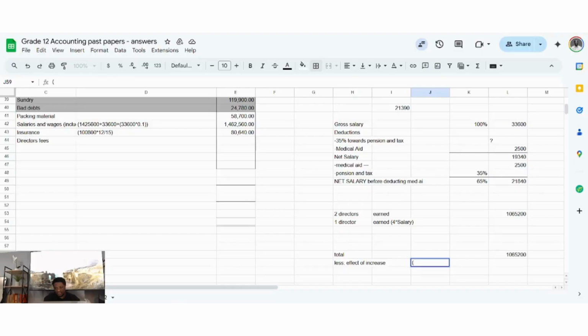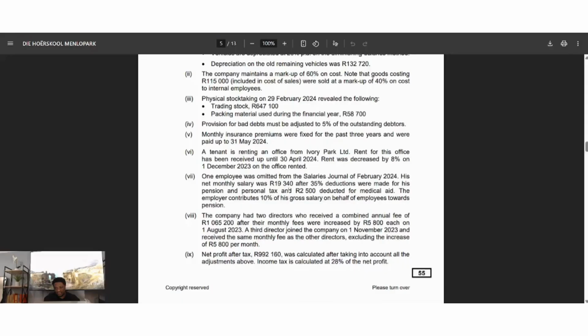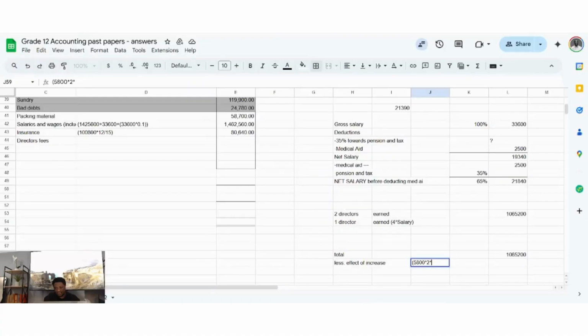Well, the increase was 5,800 and it was received by each director. And for how many months was it? It was from 1 August to 28 March 2024, that would be 7 months. So then we would multiply by 7.